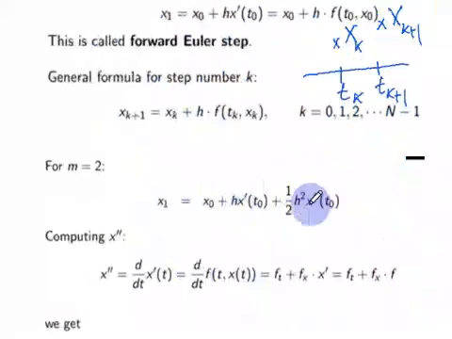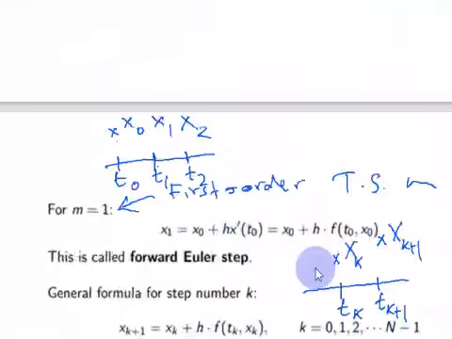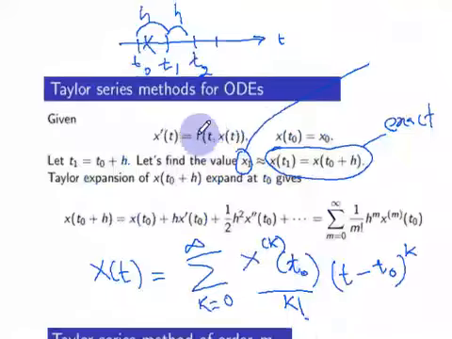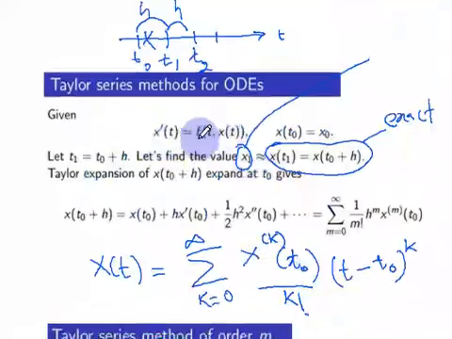So we can write this x double prime in terms of f. Basically this is our problem: x prime is f, and we can write f prime and f double prime in terms of f.